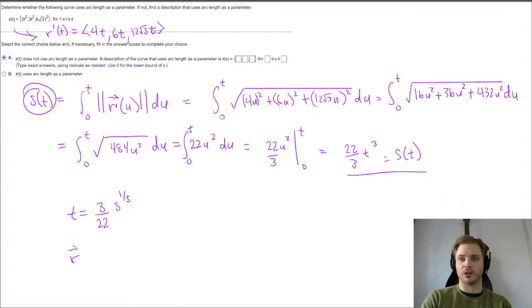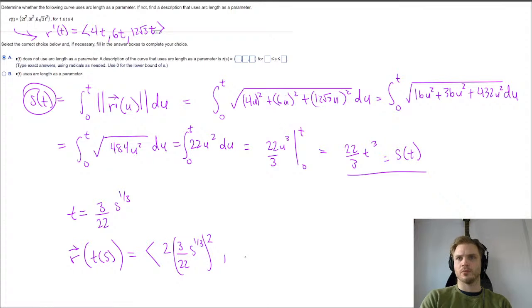So we've got r of t of s, so we plug in t of s. We're going to have 2t squared, which is 3 over 22 s to the 1/3, all squared. Then we've got 3t squared, 3 over 22 s to the 1/3.